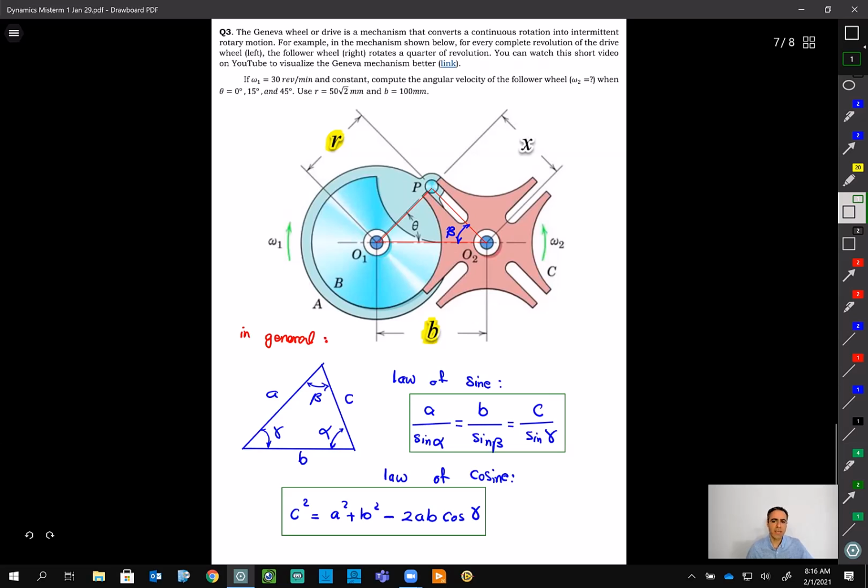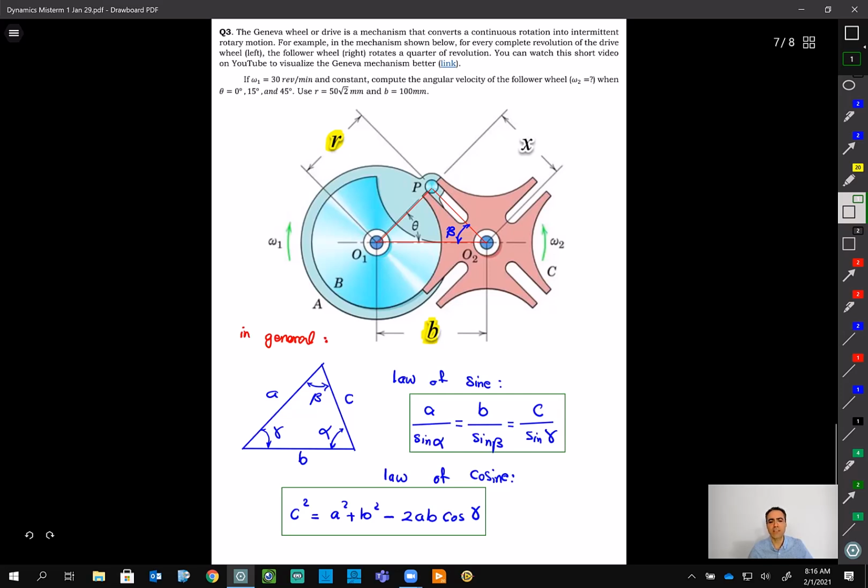Like here in this question, for example, if the question asks us something about x, how the speed of P is changing relative to O2, we want to know how this x is changing, because as this thing is moving, this point P is getting closer and closer to point O2.